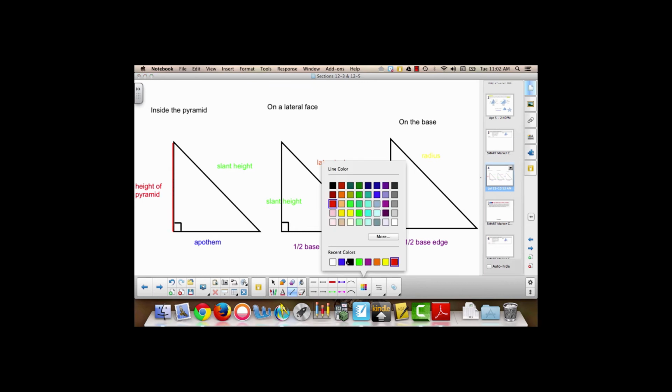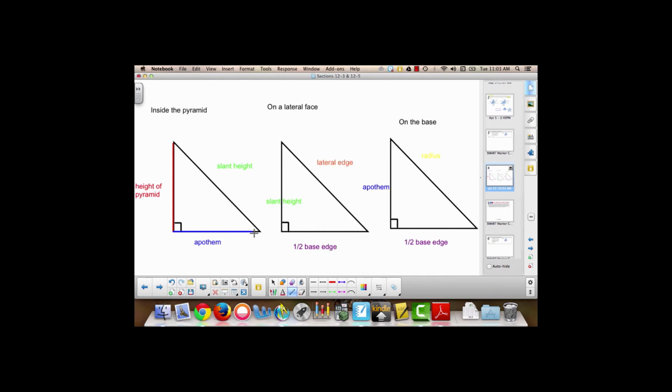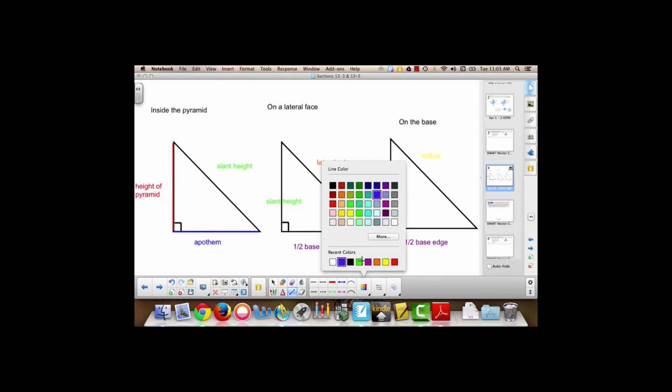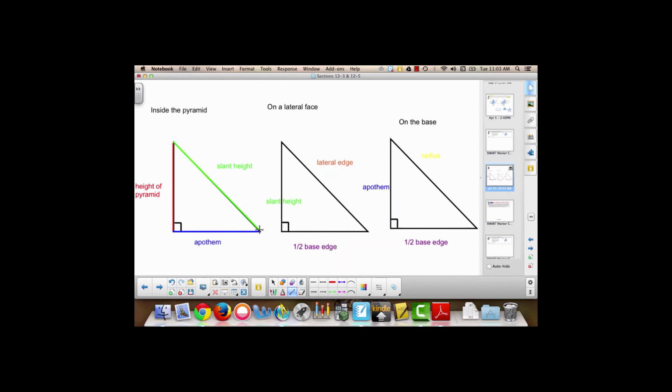This part here is the apothem of your base, the segment on the base that goes from the center and is perpendicular to the base edge. And finally, this side here is the slant height. This triangle is found inside the pyramid.